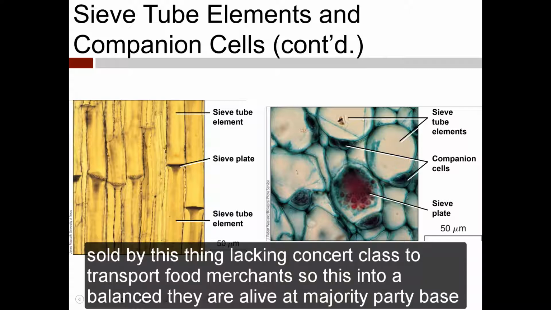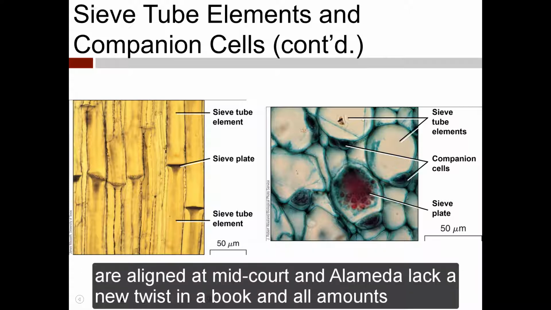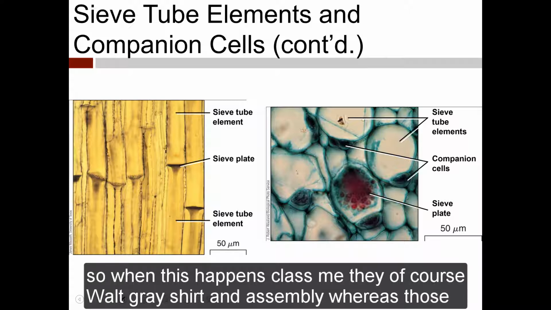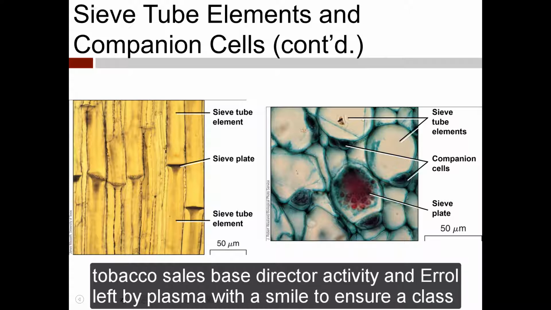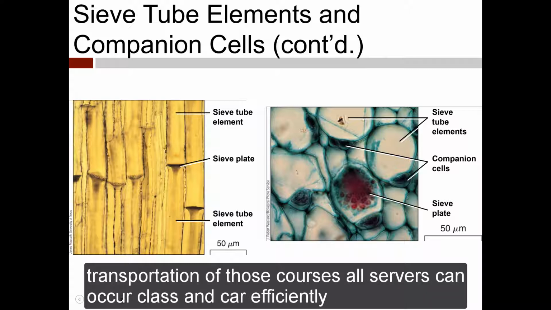So the sieve tube elements, they are alive at maturity. I repeat, they are alive at maturity. However, they lack a nucleus and other organelles. So when this happens, they, of course, will ultimately shrink and disintegrate, whereas those companion cells direct the activity and they're linked by plasmodesmata to ensure transportation of those dissolved sugars can occur efficiently.